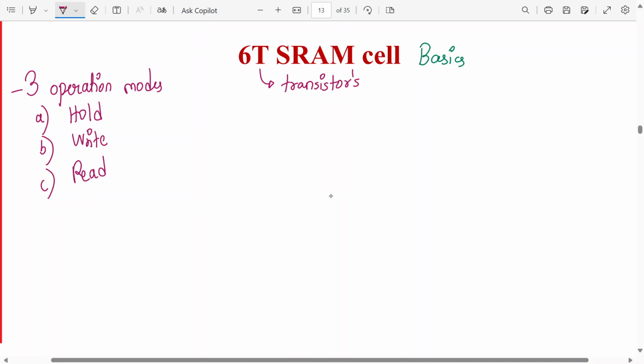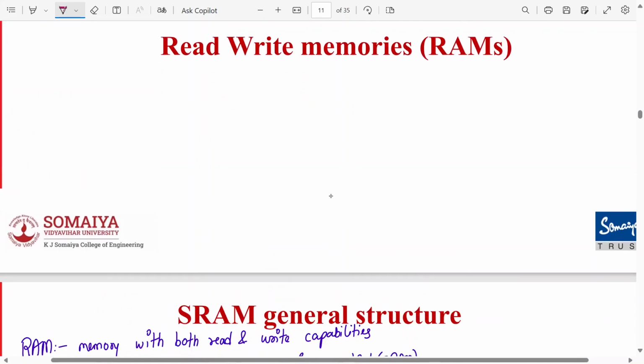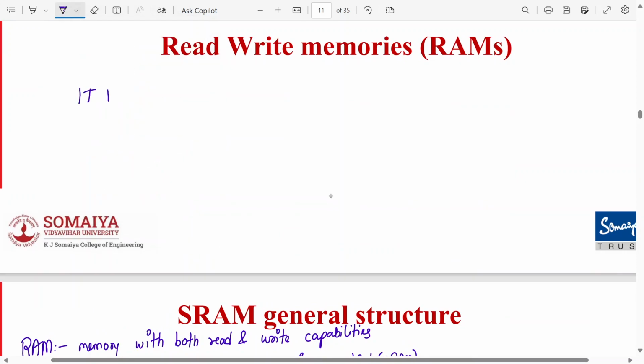Okay. For that perspective, let me give a reference to 1T DRAM, one transistor dynamic RAM. So dynamic RAM will have a transistor, let's say M1. Then it has a storage capacitor, which is CL, or a load capacitor.